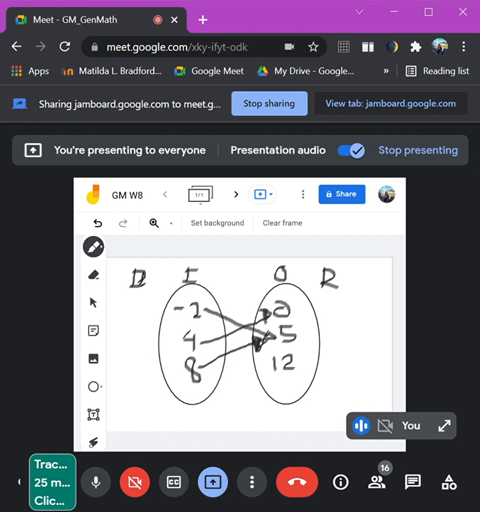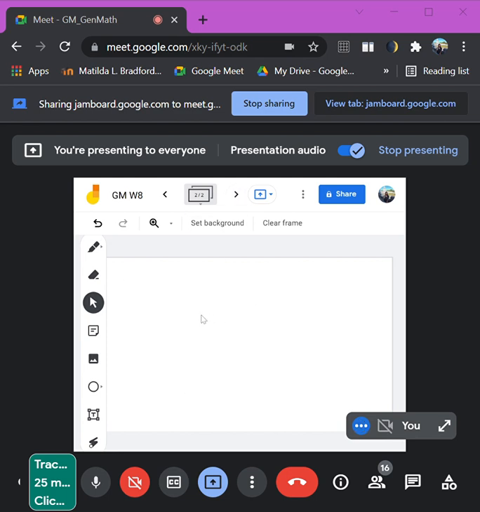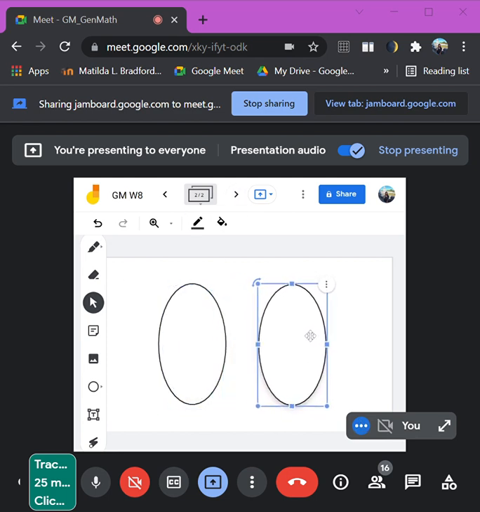Okay, sige, let's give another example daw. Still, we're going to use a mapping diagram. Okay, this one. So, we have here, for example, mga age sa magpabakuna.